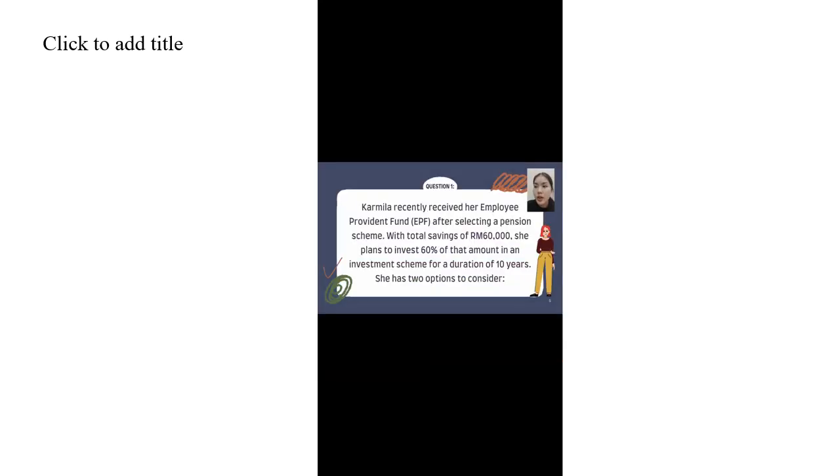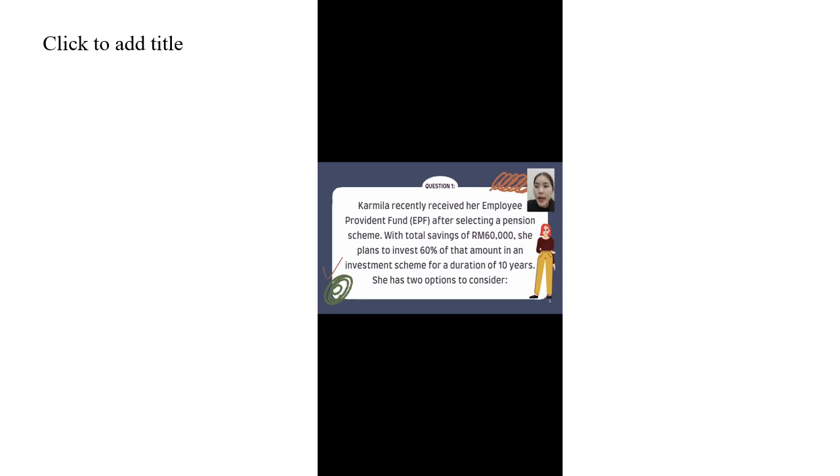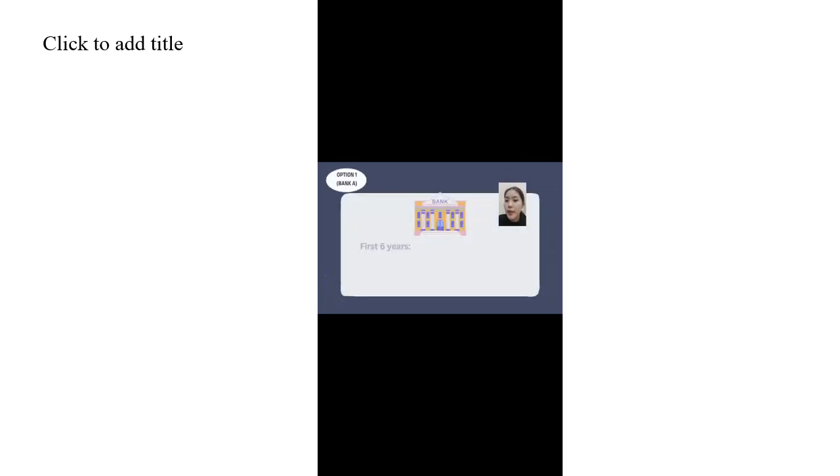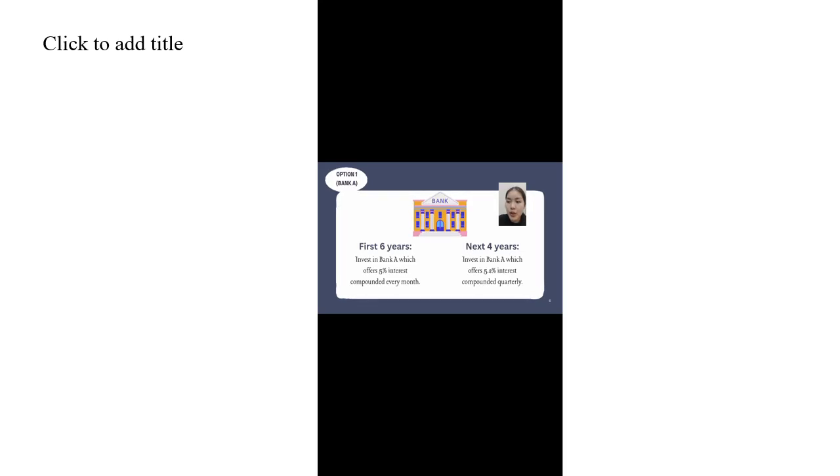For question 1, Carmilla recently received her Employee Provident Fund, which is EPF, after selecting a pension scheme. With total savings of 60,000 ringgit, she plans to invest 60% of that amount in an investment scheme for a duration of 10 years. She has 2 options, Bank A and Bank B. Bank A, for the first 6 years, offers 5% interest compounded every month, and for the next 4 years, offers 5.2% interest compounded quarterly.